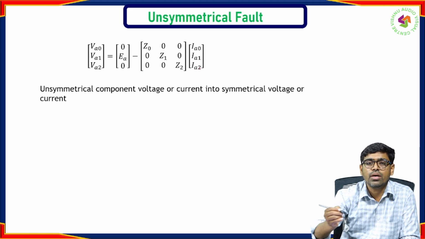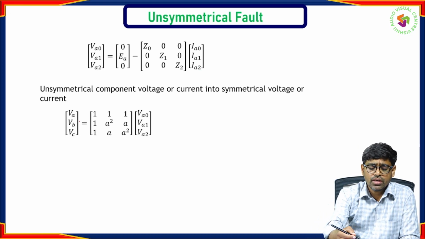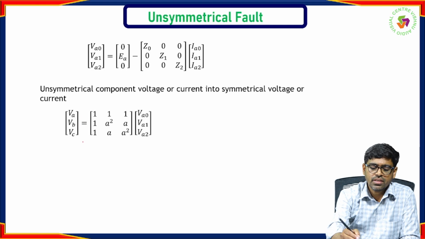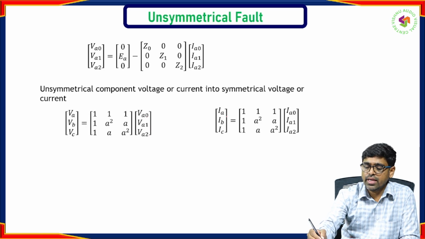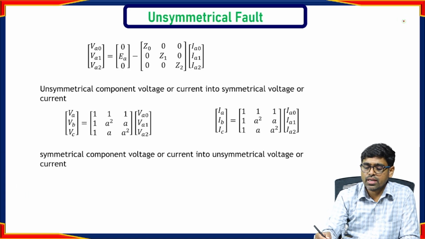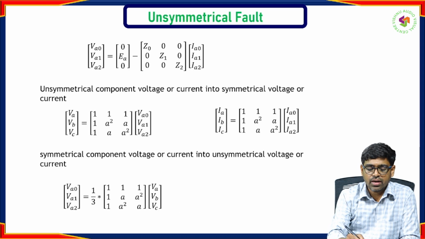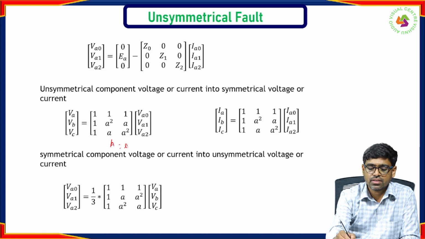Then VA, VB, VC, in the case of unbalanced quantities, we represent as the matrix [1 1 1; 1 a² a; 1 a a²] times VA0, VA1, VA2. Similarly the current relation: IA, IB, IC equals [1 1 1; 1 a² a; 1 a a²] times IA0, IA1, IA2. These are the unbalanced quantities in terms of symmetrical voltage and current. Conversely, the symmetrical component voltage or current in terms of the unsymmetrical ones uses A inverse, which is 1/3 [1 1 1; 1 a a²; 1 a² a] times VA, VB, VC.